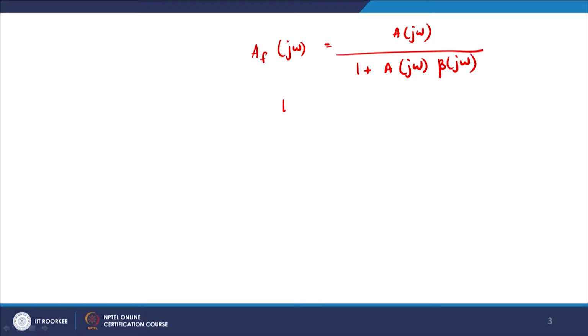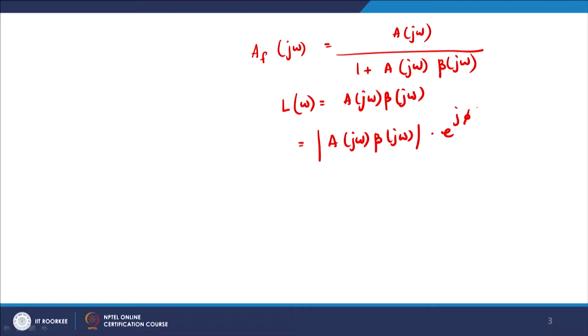So, the loop gain L of omega is equal to A of j omega times beta of j omega. Now, this can also be written in a form most understandable to us: its magnitude multiplied by e to the power j phi of omega, where phi of omega is the phase which you get.